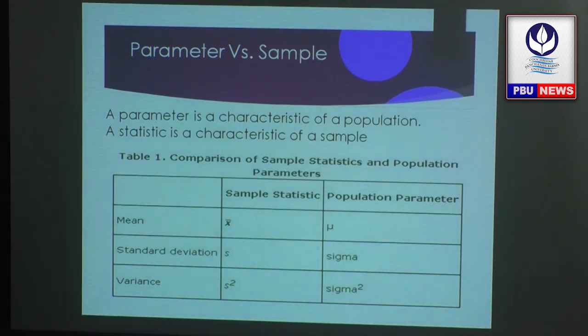Here the population parameter is denoted by mu, population standard deviation is denoted by sigma, and population variance is denoted by sigma square. Similarly, in sample statistics, the mean is x bar, standard deviation is s, and variance is s square.